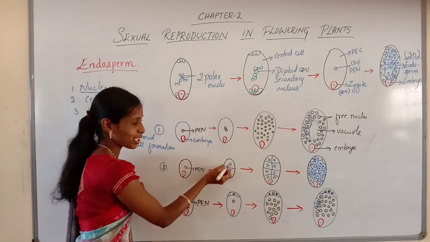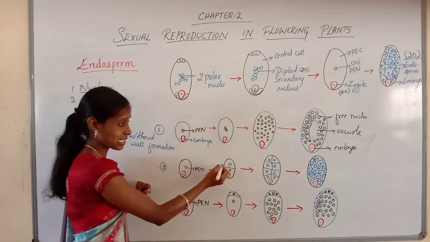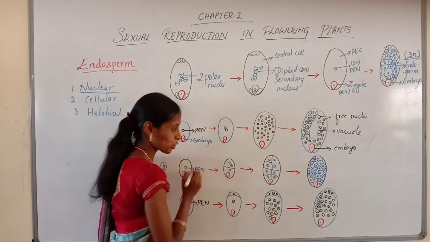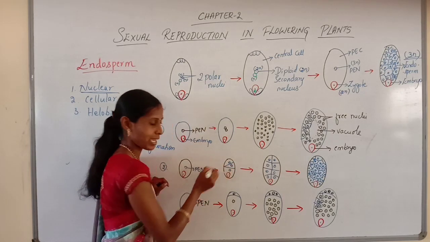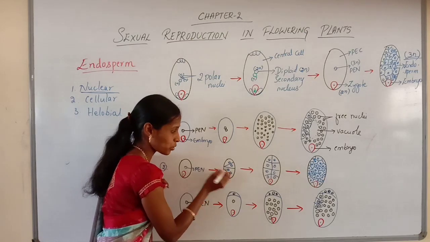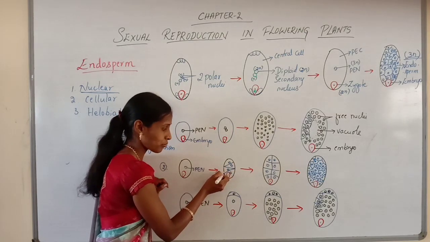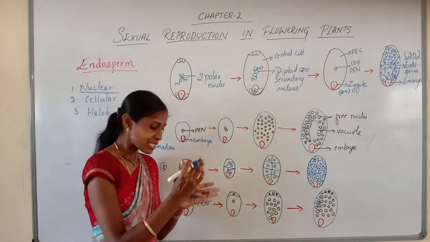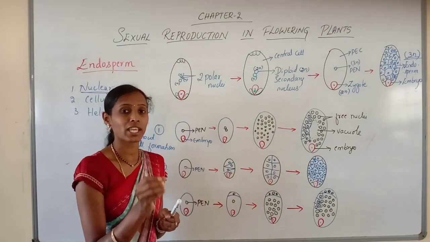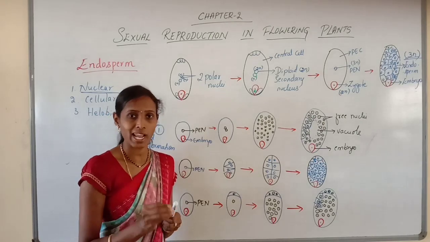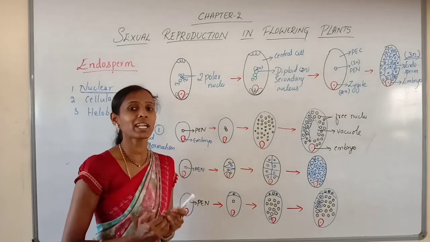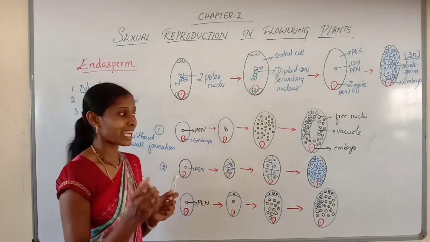So here we can find two cells now. Later, these two nuclei will divide to form two more nuclei again, which is followed by the cell wall formation. Even here this nucleus will divide to form two nuclei followed by cell wall formation. Like that, several divisions will be taking place, and all divisions include both karyokinesis and cytokinesis. Whenever the nucleus divides, it is immediately followed by cytokinesis.